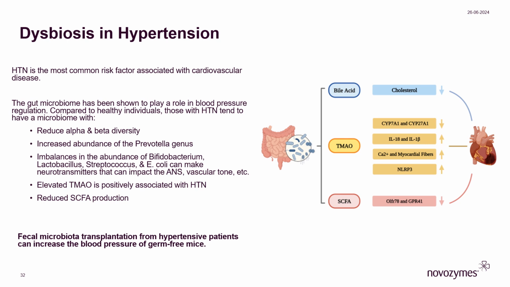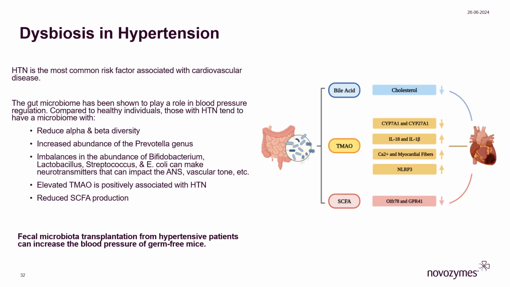As we've discussed earlier, TMAO is one of the toxic metabolites that can be produced in a dysbiotic gut, and TMAO has been positively associated with hypertension. Patients with hypertension also had reduced short-chain fatty acid production as well.